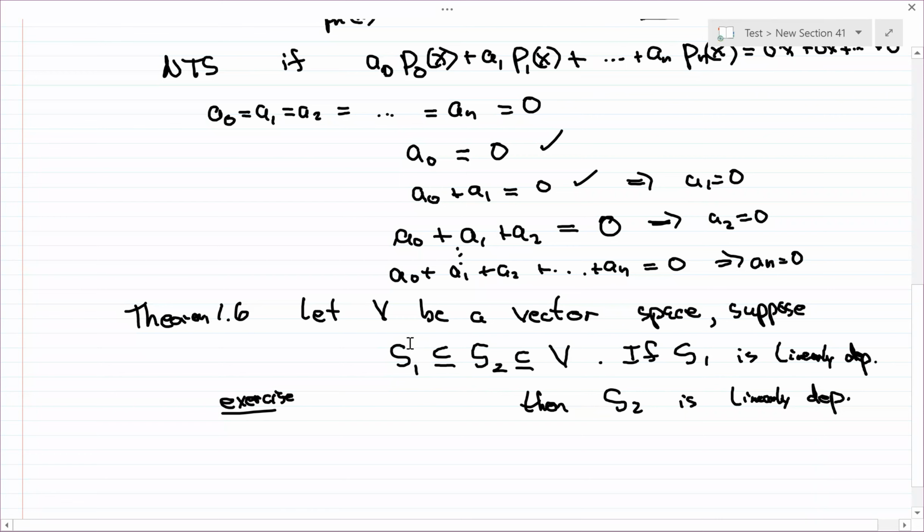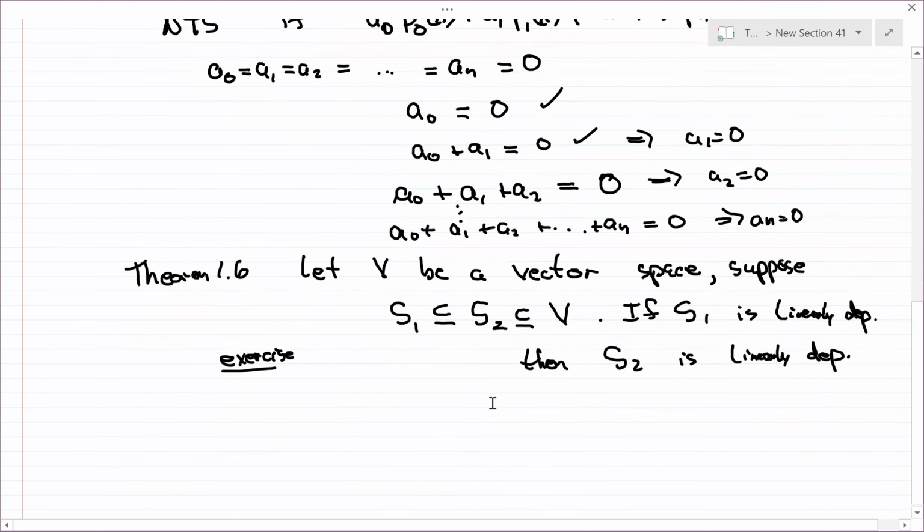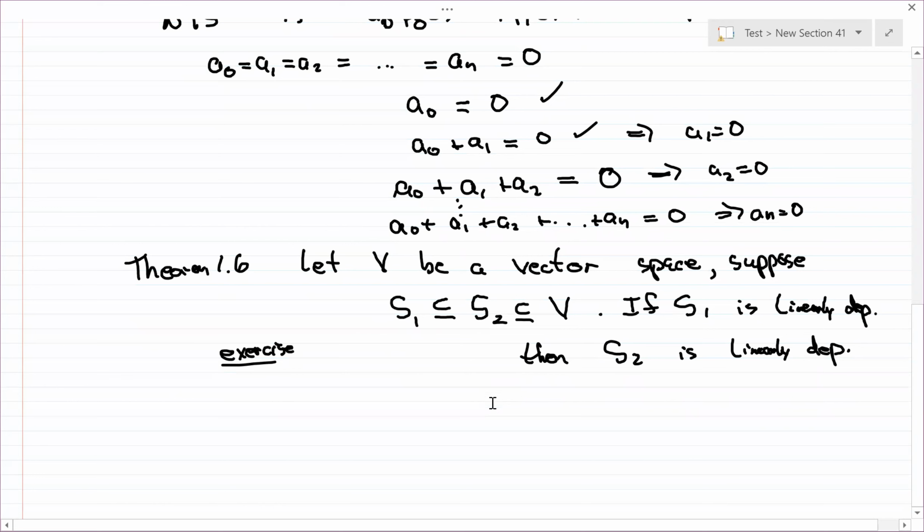You can do that in S1, and all the vectors in S1 are in S2. You can still do that. Whatever vector you can solve as a linear combination of the others in S1 would still be happening in S2. Why? Because all those vectors are still there, because this is a subset of that. That's the heart of the idea. But still write it out, make it a formal proof.